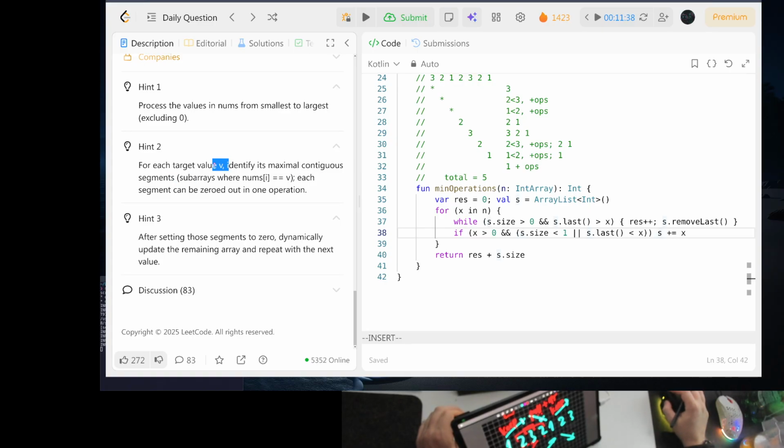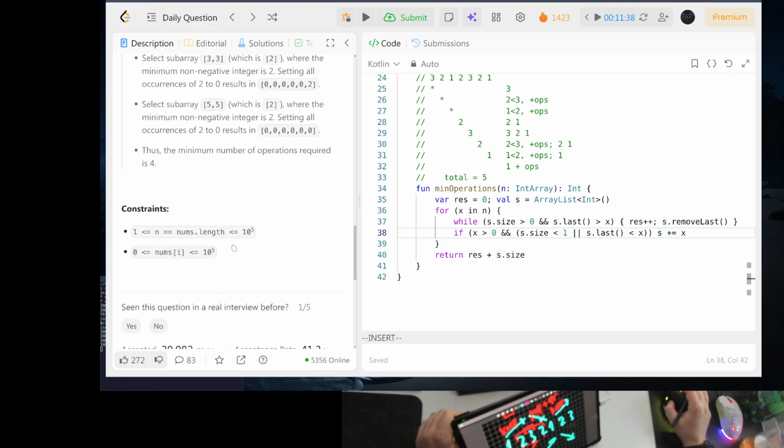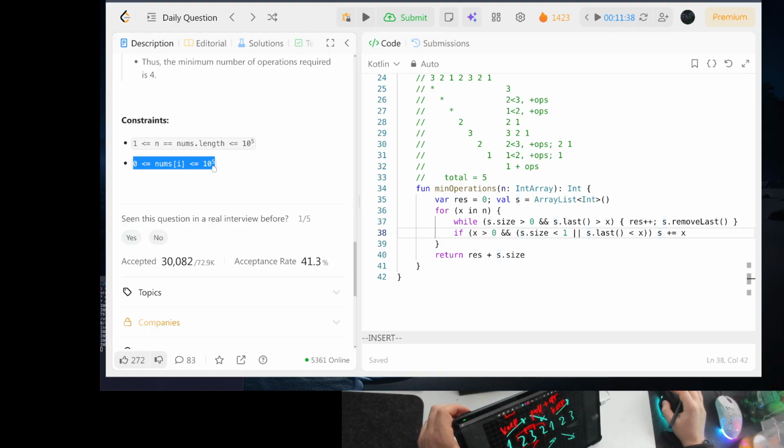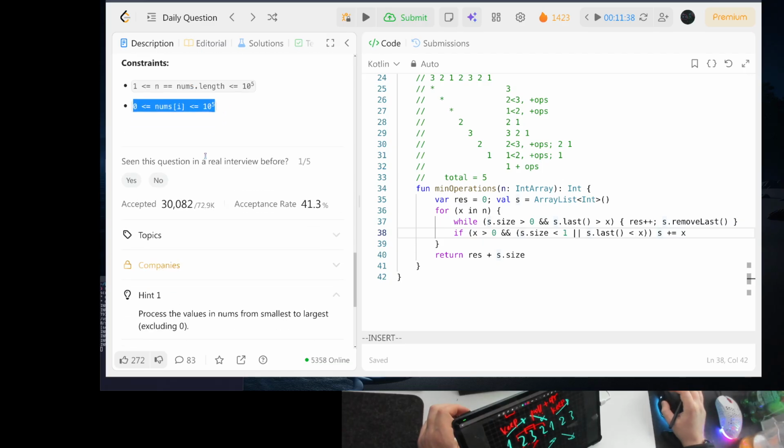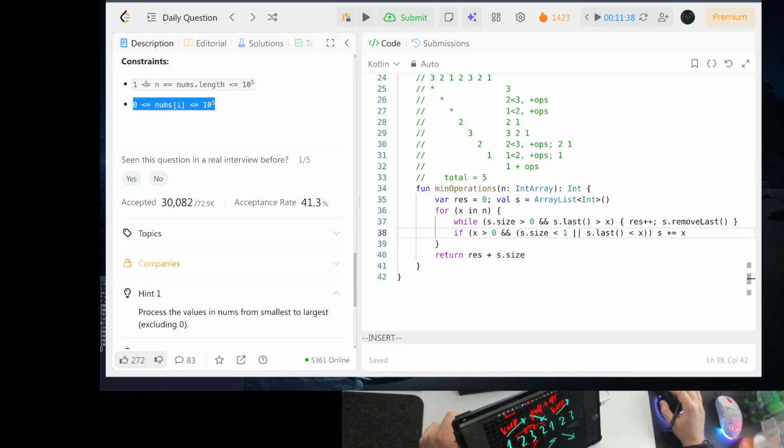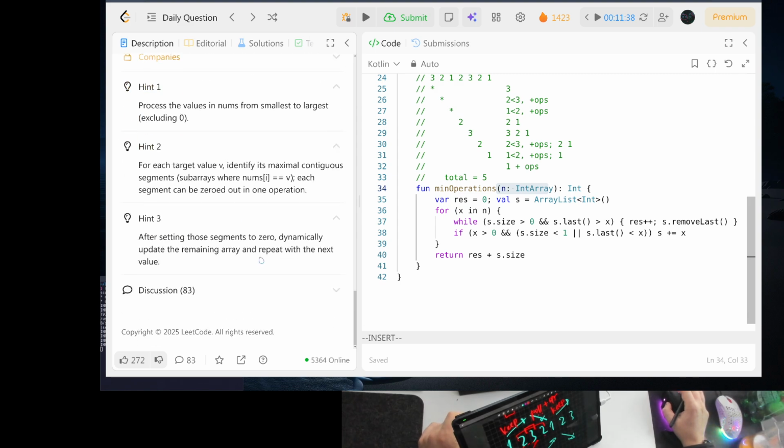For each target value, okay, they are using this kind of condition to iterate over all the values, not over the numbers in the array.